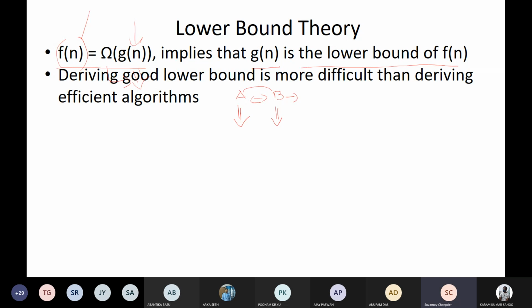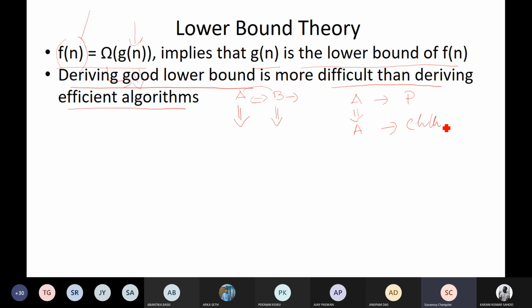So lower bound is very important for finding the best or better algorithm. Here, the thing is that deriving a good lower bound is more difficult than deriving an efficient algorithm. Okay, I think already we have discussed some examples on that. So you can find an algorithm which can solve a problem P, but to decrease the lower bound for A, that is the minimum time required to execute A, is a very challenging job.